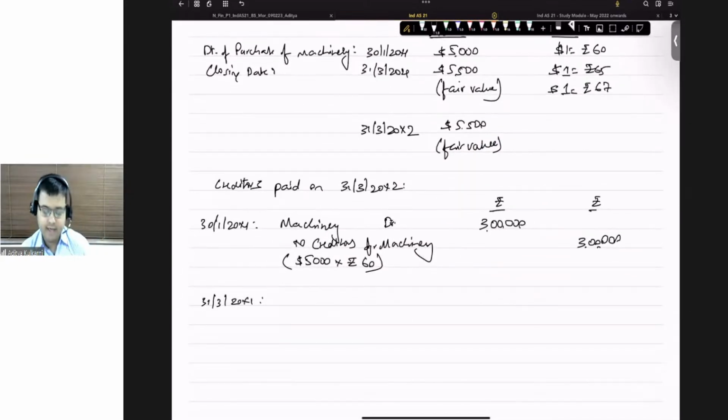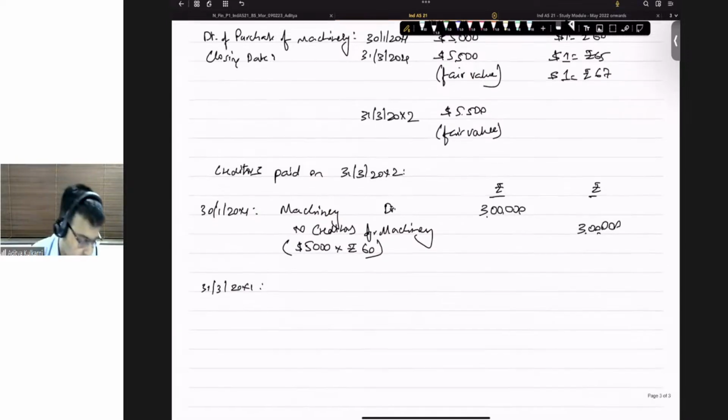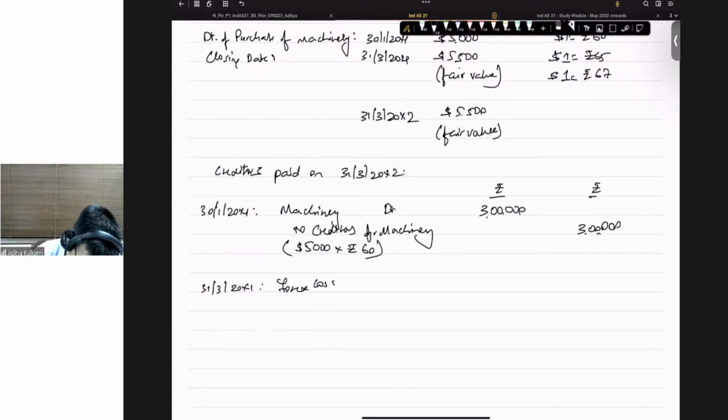So your liability increased. 60 becoming 65, liability increases. It is an exchange loss. Forex loss, P&L debit, to creditors.